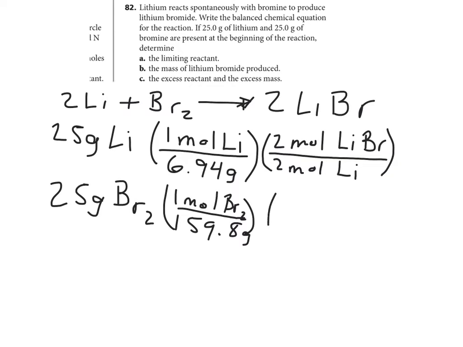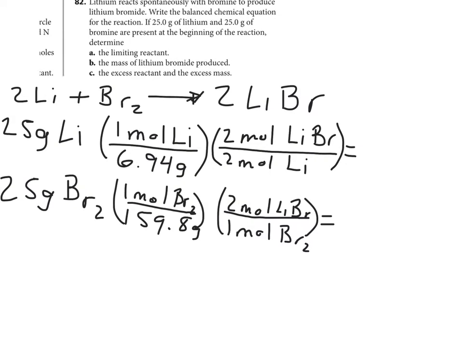Because of the balanced equation we can say that to have 2 moles of lithium bromide you need 1 mole of the bromine molecule. Remember that the bromine molecule has a subindex 2 because it is a diatomic element.